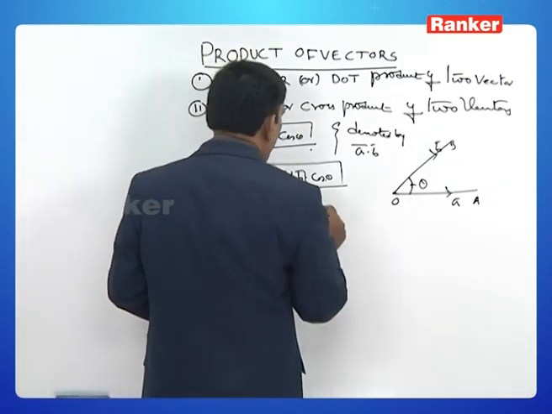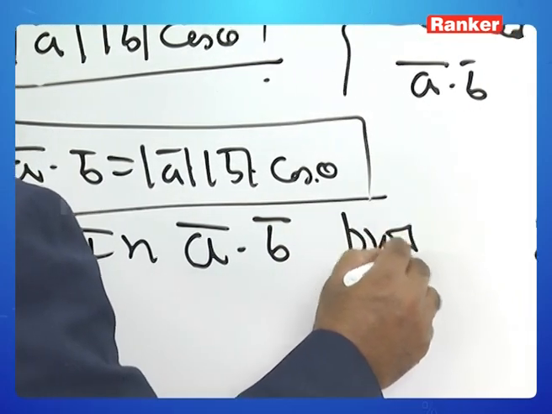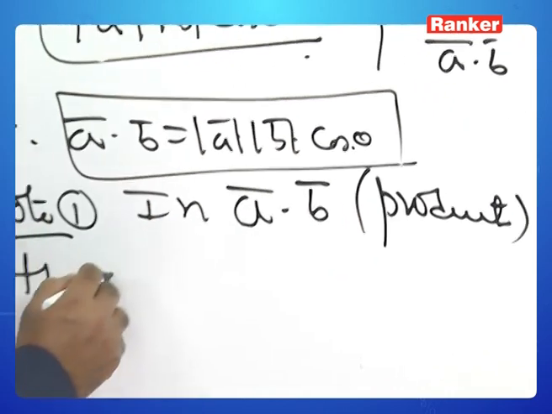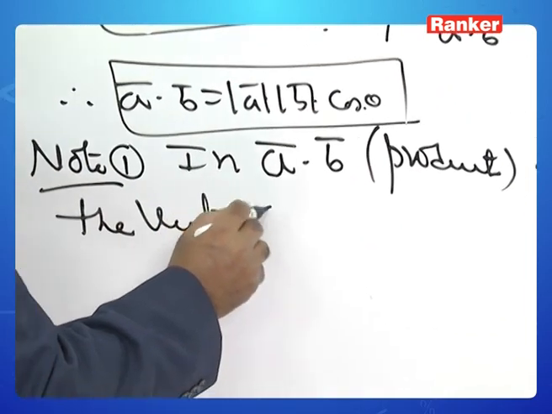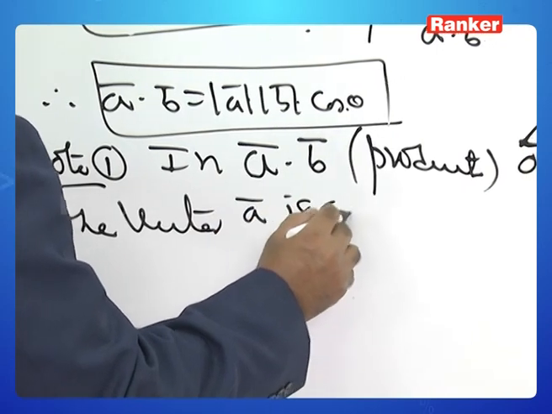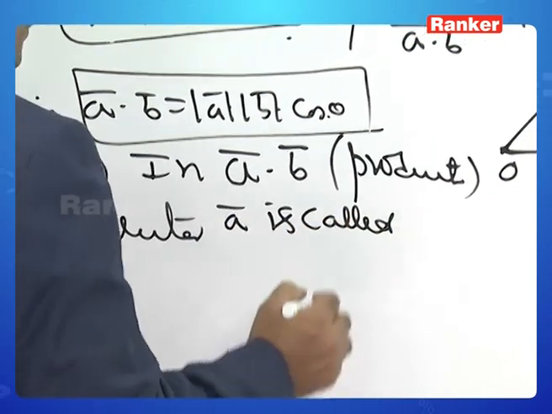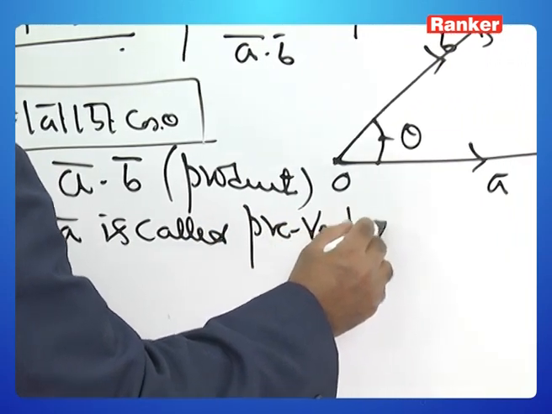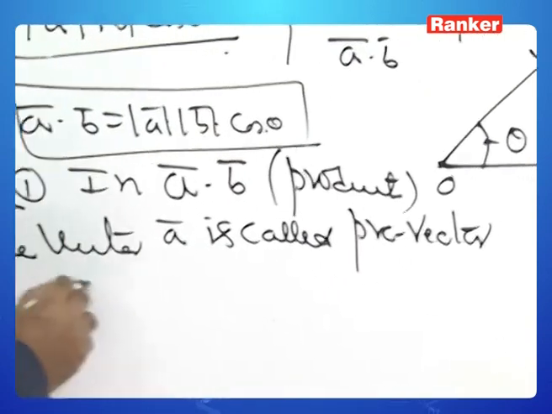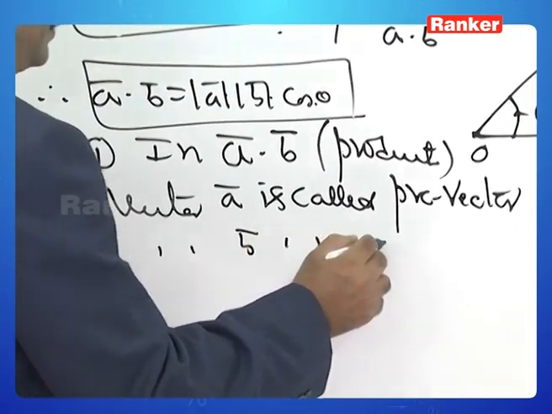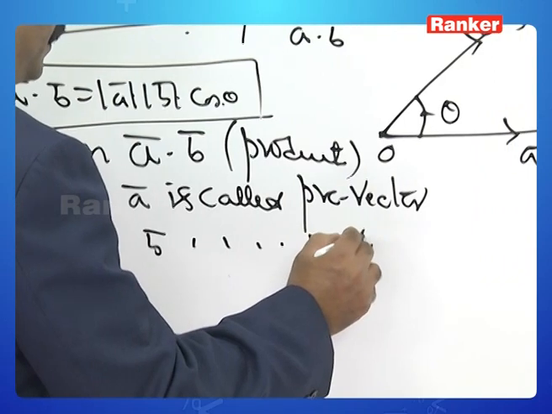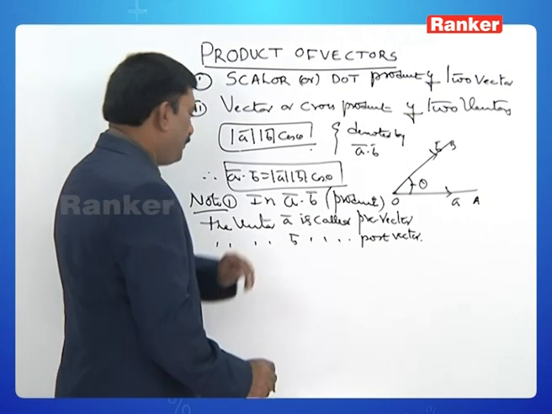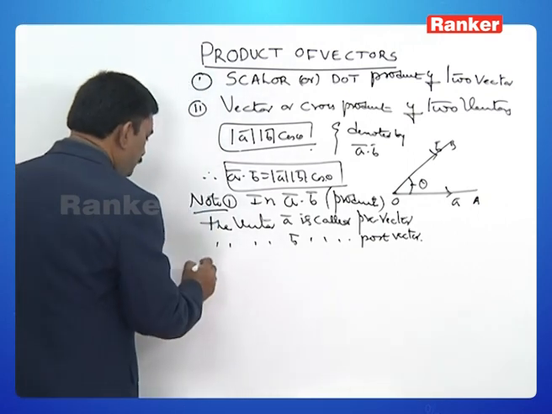Now, in the A bar dot B bar product, the vector A bar is called the pre-vector and the vector B bar is called the post-vector.